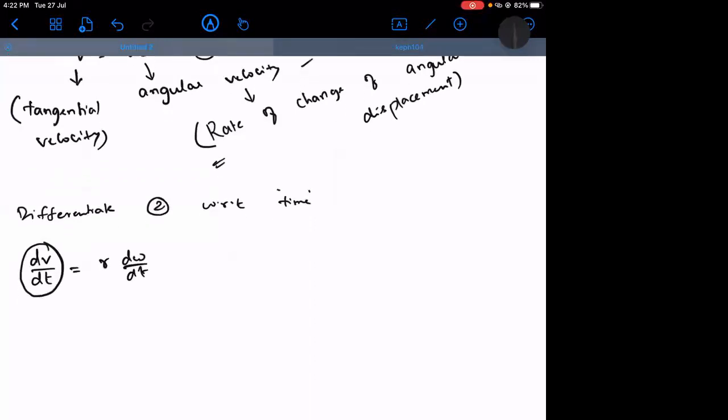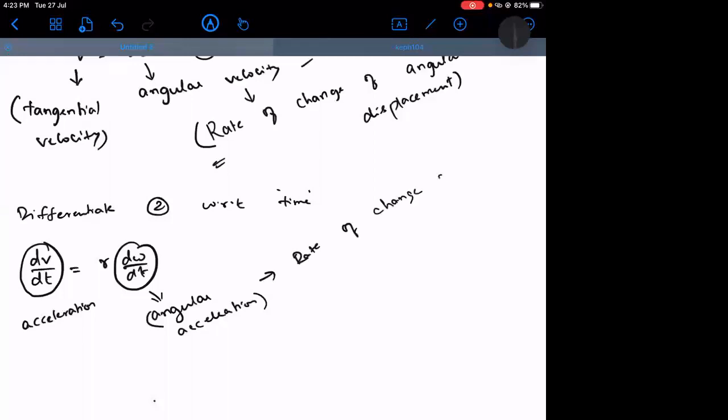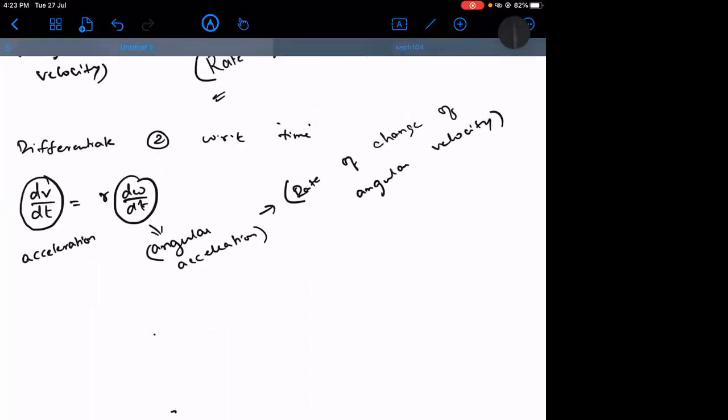It is called acceleration, and d omega by dt is called angular acceleration. Good. So now you have defined angular acceleration: it is the rate of change of angular velocity. That's it, simple. So dv by dt I will call a. a is equal to r alpha.